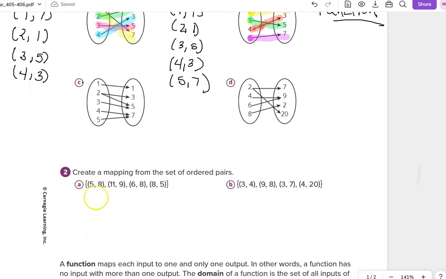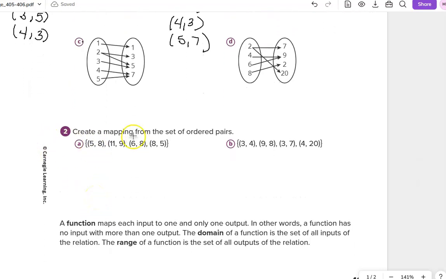Okay, we're now going to create a mapping. It says create a mapping from the set of ordered pairs. So I need 2 ovals. So I'm going to take my shapes and I'm going to do, here's 1. There's 2.